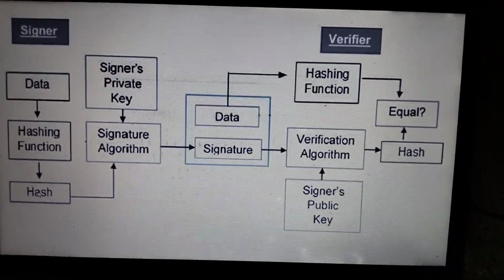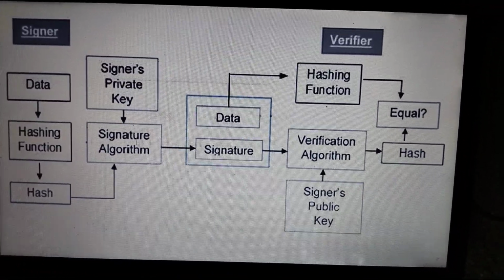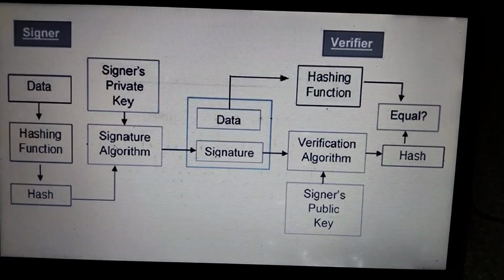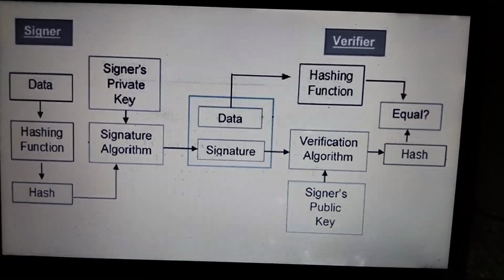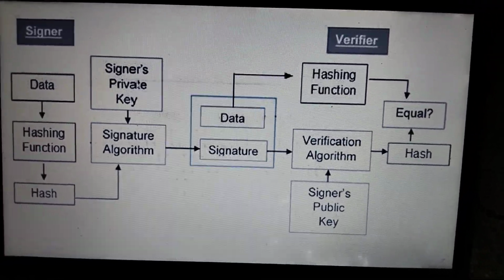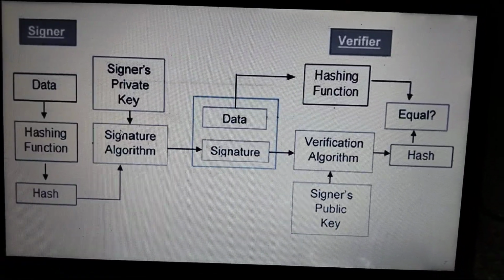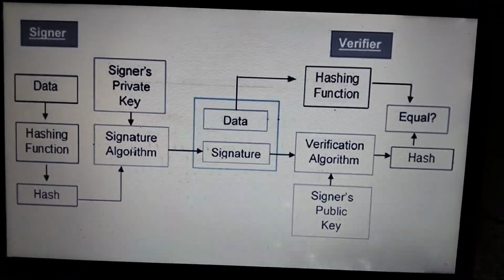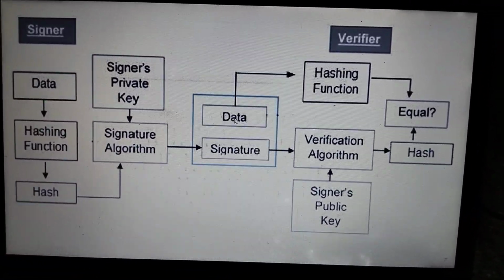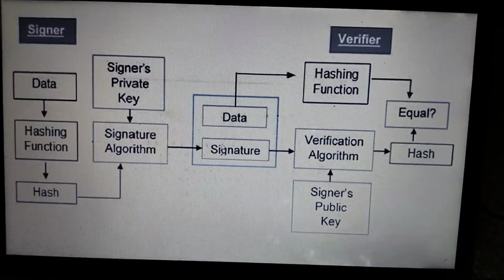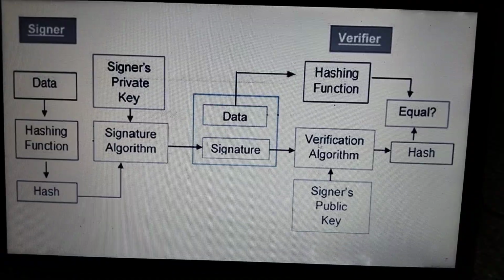After getting the hash code value, we attach the signature of the sender. The signature of the sender uses the signer's private key. So the sender signs with their own signature, attaches it, and passes it to the receiver side. Here we are wrapping the data as well as the signature, and we are passing it to the receiver side.